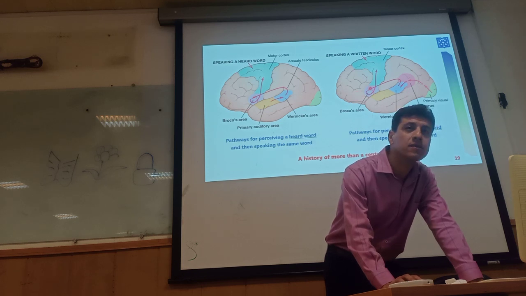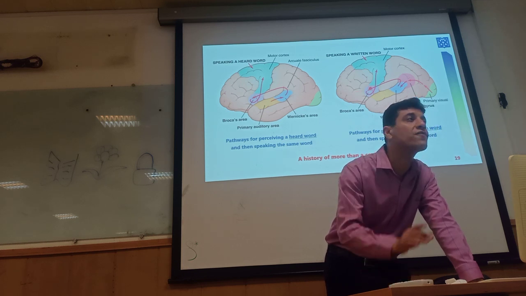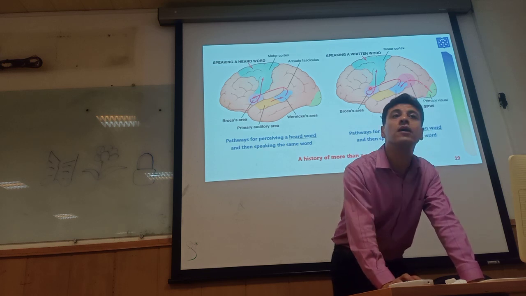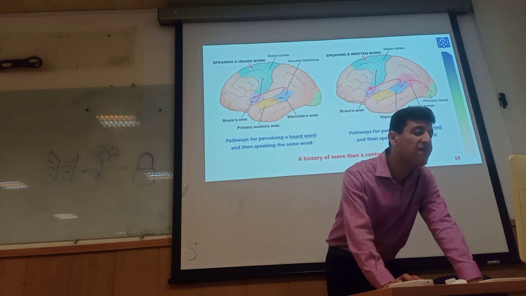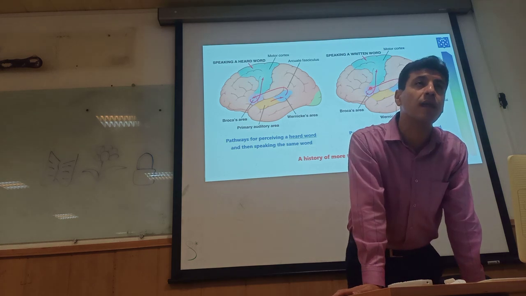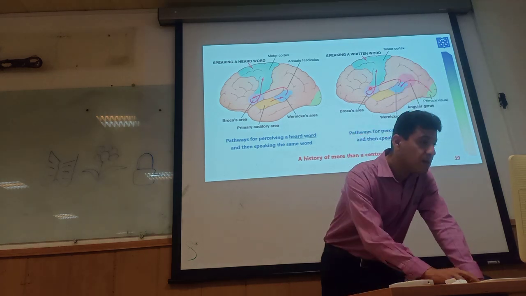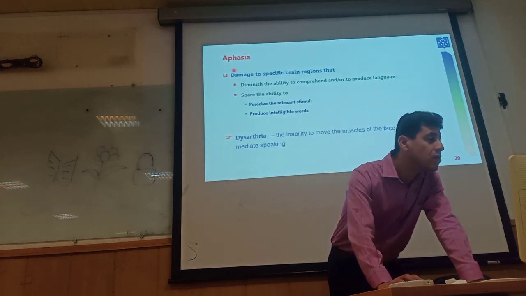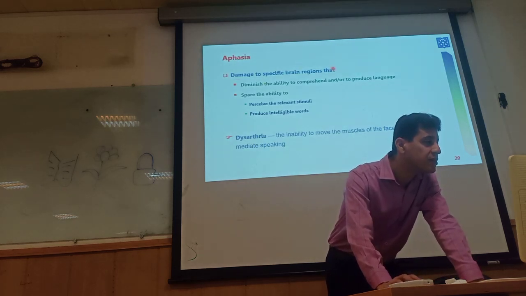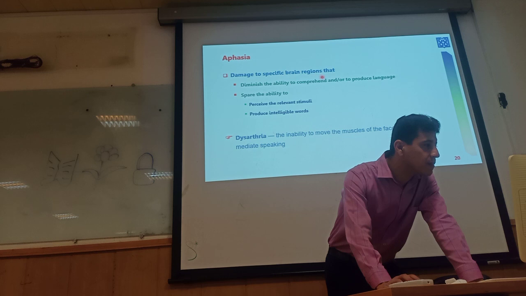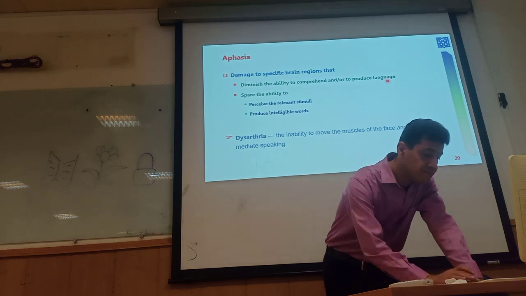We can produce motor action of speaking by the Broca's area. So if there is damage to these areas, the outcome will be aphasia. Aphasia is caused by damage to the specific brain regions that are important for language. So there may be some problem with comprehension or production of the language, right?